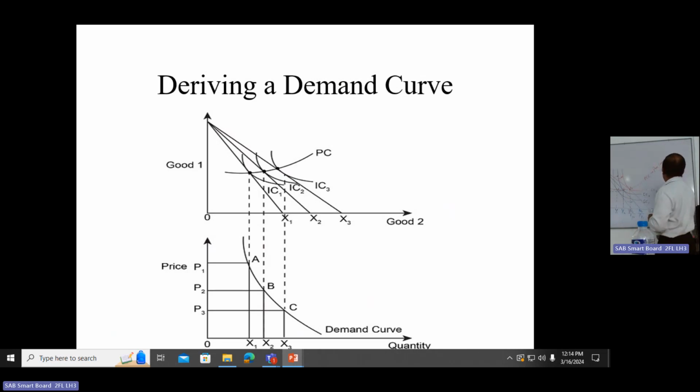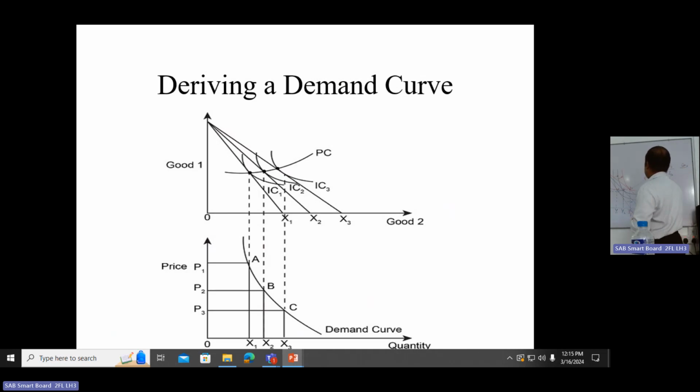Now we will draw the demand curve for the particular product. We are going to draw the demand curve for the product Y. The price of the product Y changes from PY0 to PY1 to PY2. So how much demand is there for the product Y?